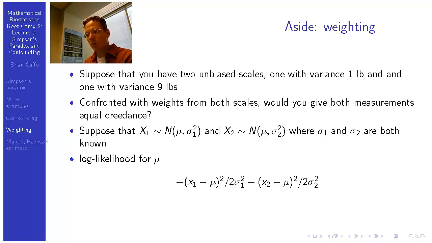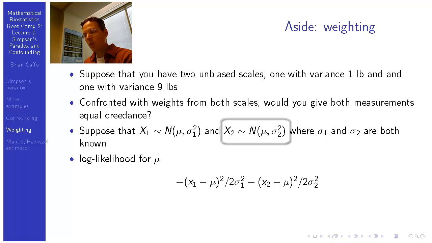So let's just suppose we weighed an object, and that our first weight was this variable x1, and we're going to assume that it's normal, mu, and the variance of the first scale, sigma 1 squared. And then x2, because both scales are unbiased, we're going to assume that it's normal and has the same population mean, mu, and a different variance, sigma 2 squared.